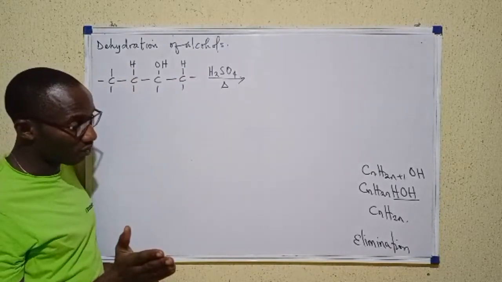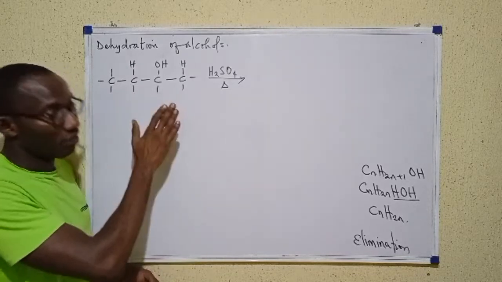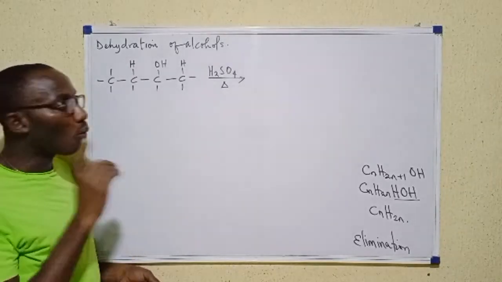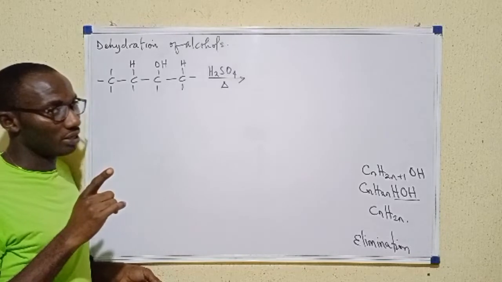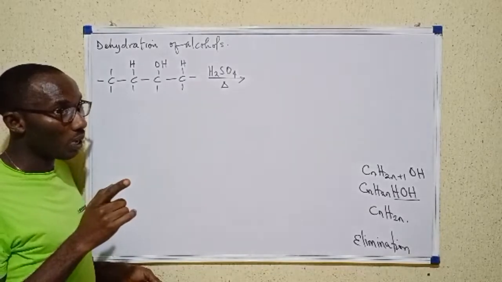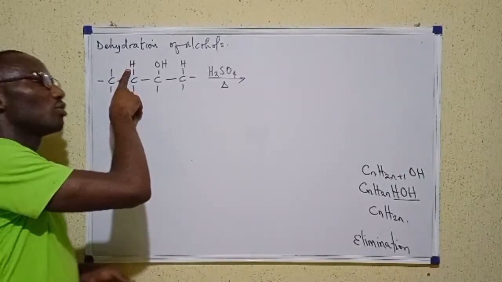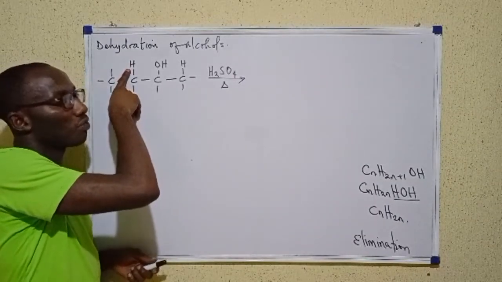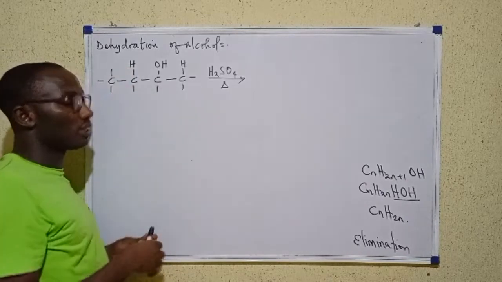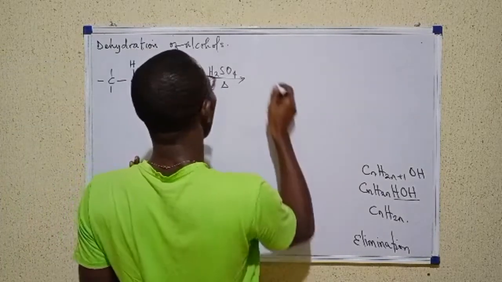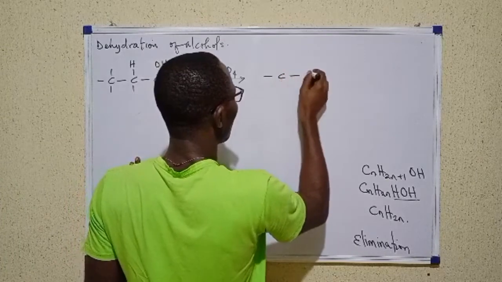In real life, once again, both events will take place, but one of the products will predominate. Which one? As predicted by Zaitsev's rule, once again, it is that product where hydrogen is removed from carbon 3 that will predominate. That means our predominant or major product will be this one.